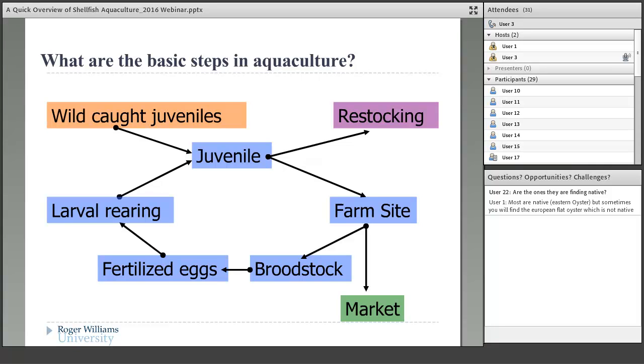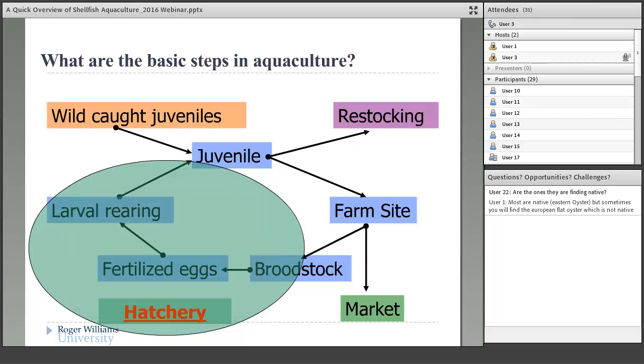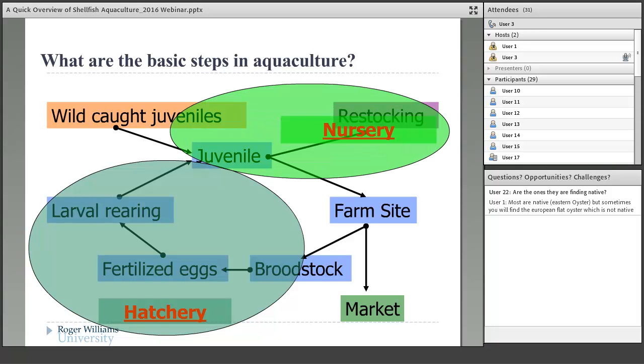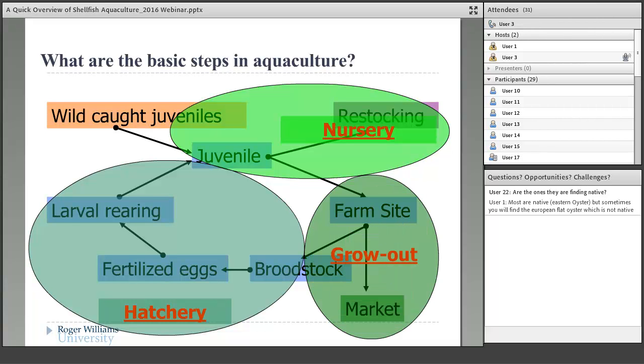Basically, we can break these steps down in aquaculture into three primary phases. We've got the hatchery phase, where we take the broodstock, generate eggs, rear the larvae, metamorphose them, and start the juvenile rearing process. Then we have a nursery, where the juveniles are reared up to a point where they can be moved out to the grow-out site.